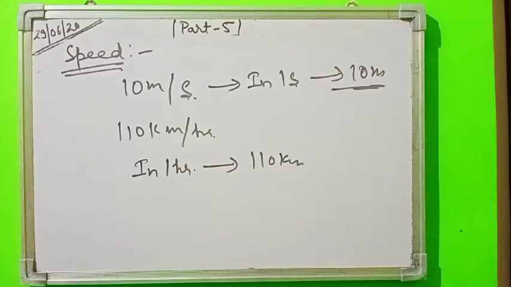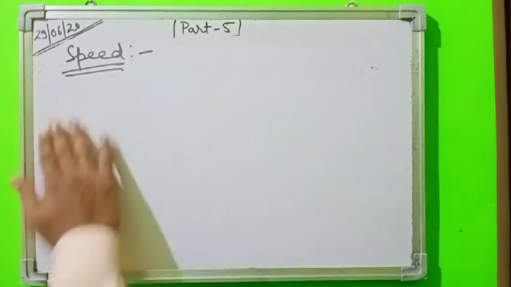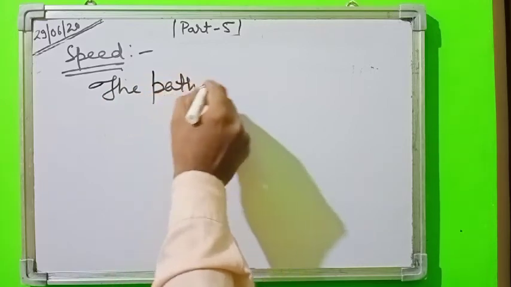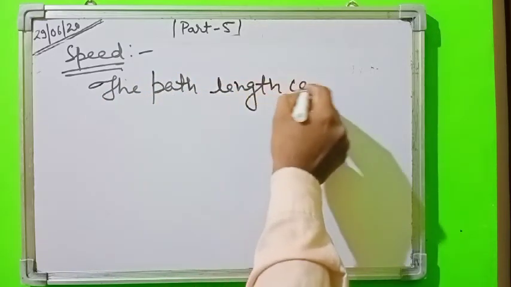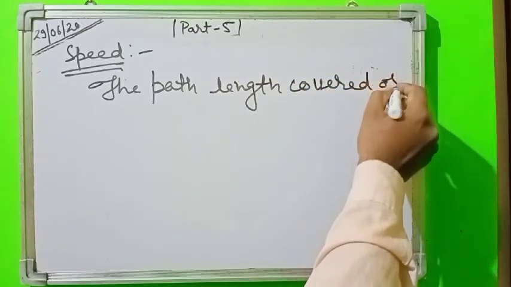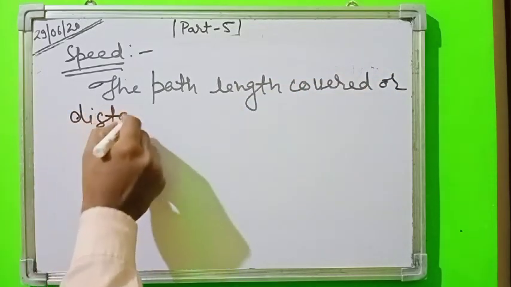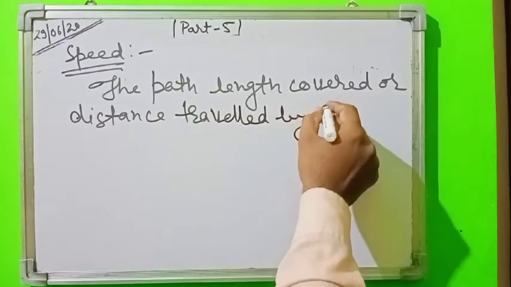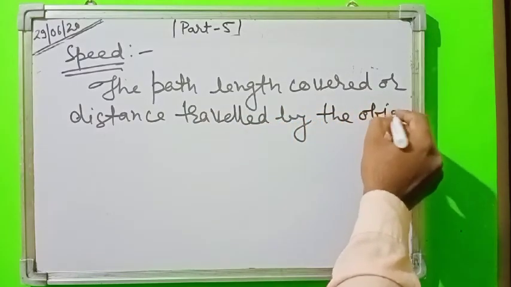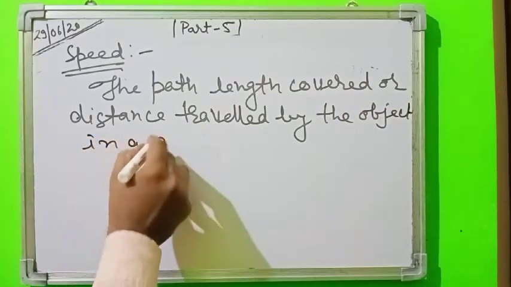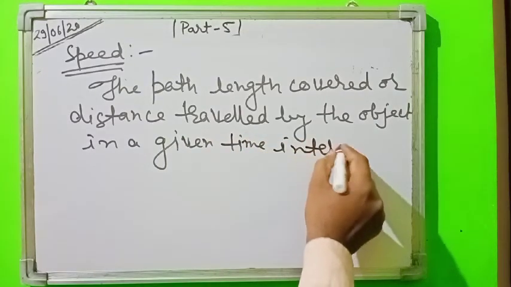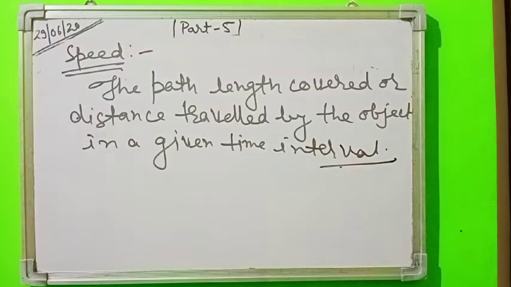So it can be defined as the path length covered or distance traveled by the object in a given time interval.